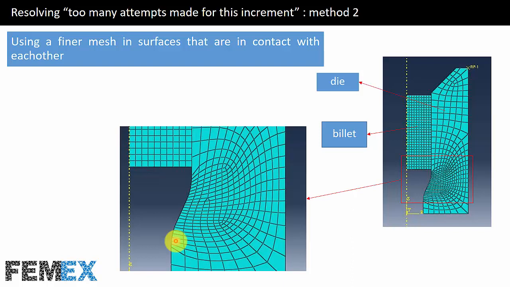I used a finer mesh than this part or this part, because this part is a line, but this part is a curve, and you can see that I used a finer mesh.